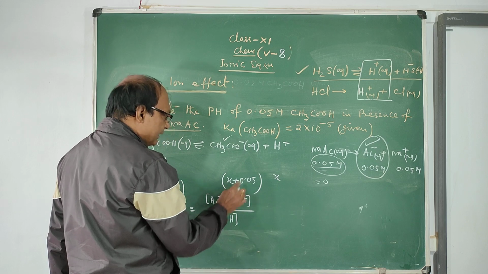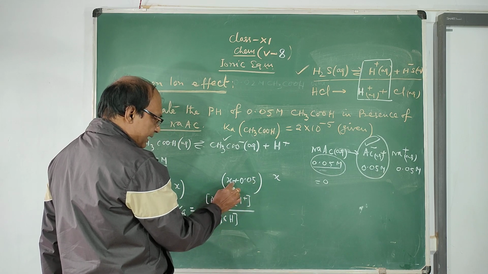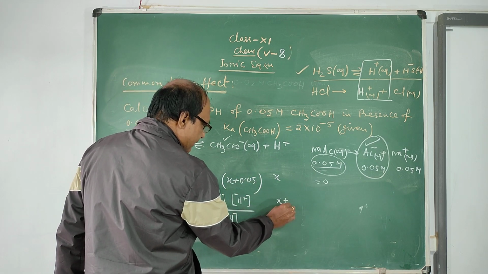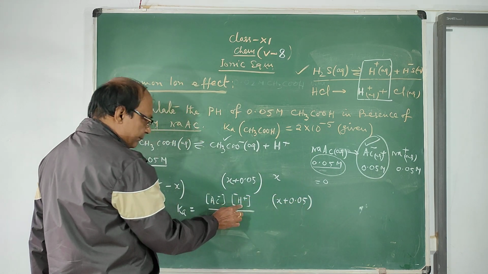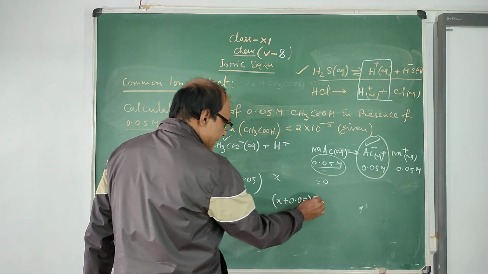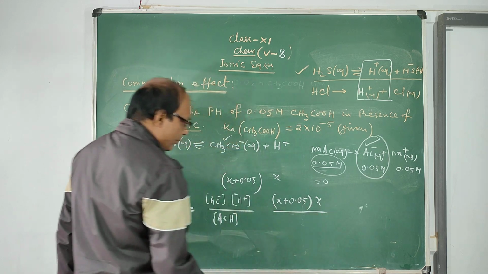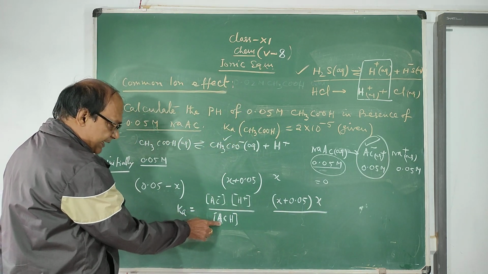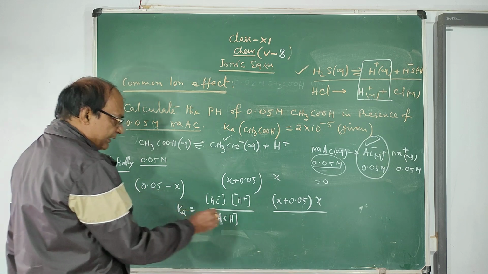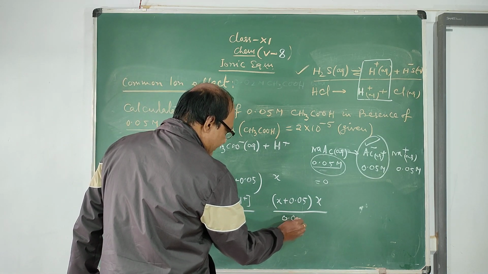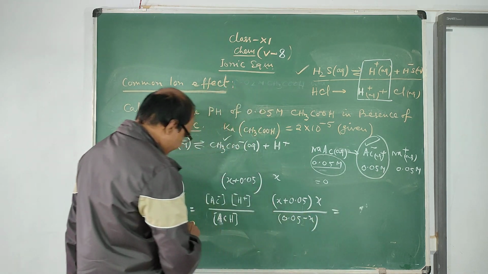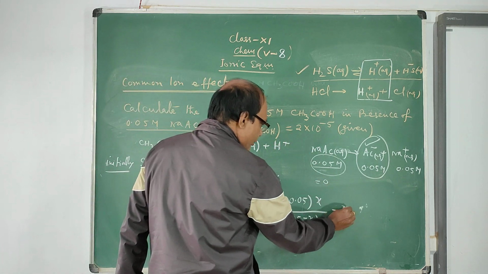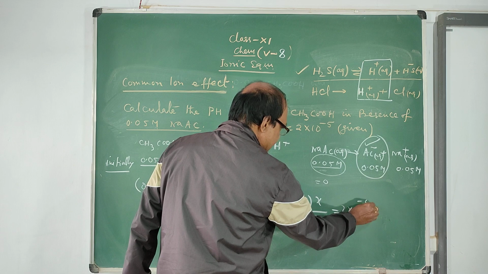What is the value of acetate ion? X plus 0.05. Into the value of H plus, which is X, divided by the concentration of acetic acid, 0.05 minus X. This is equal to Ka, and Ka equals 2 into 10 to the power minus 5.